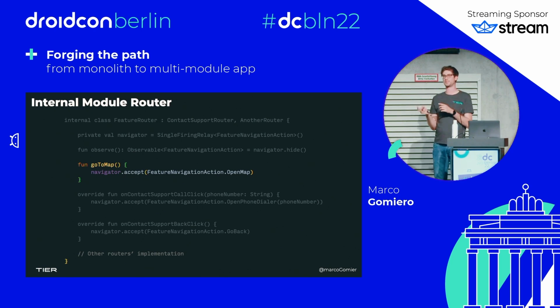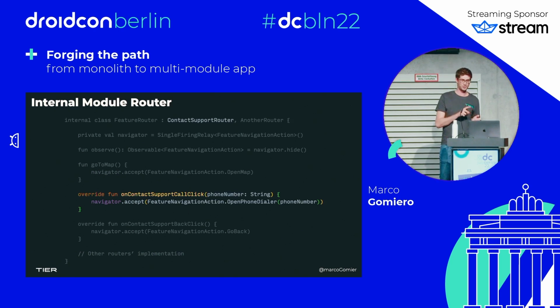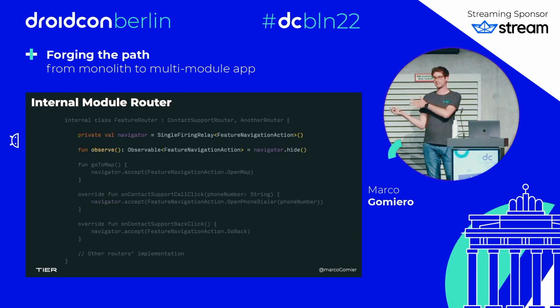In this case, for example, it is going to the map, and then it is also implementing the contact support router. So it's handling internally what we want to do when we want to start the customer support call. And all these navigation events can be observed from the external world, so usually from a view model.